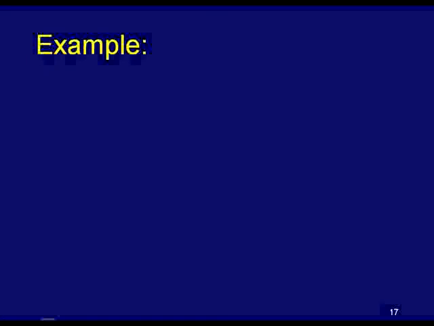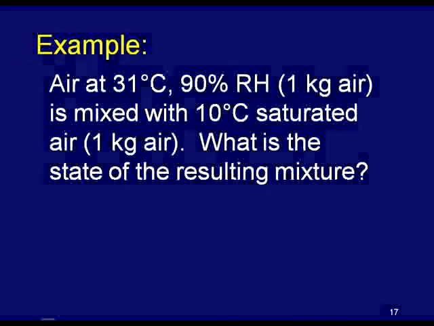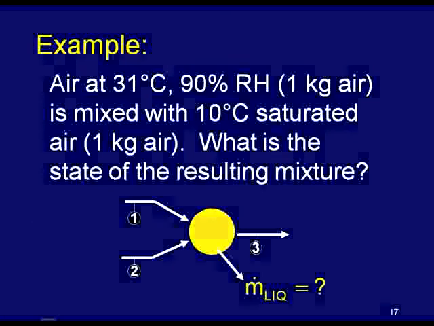Let's take an example. Air at relative humidity of 90% and 31 degrees, 1 kilogram, is mixed with 10 degree saturated air. What's the state of the resulting mixture? Here's our diagram. And what we do is we draw it on the psychrometric chart.